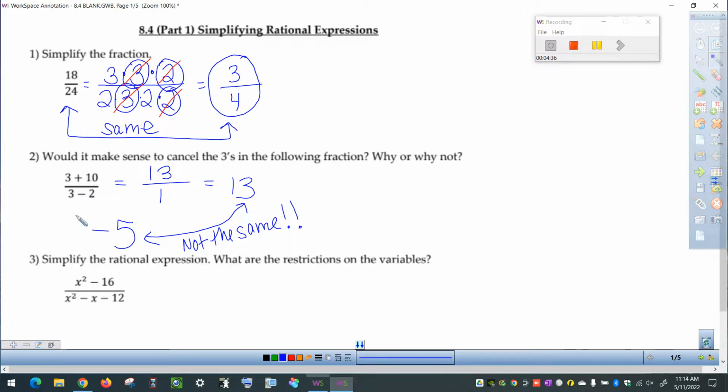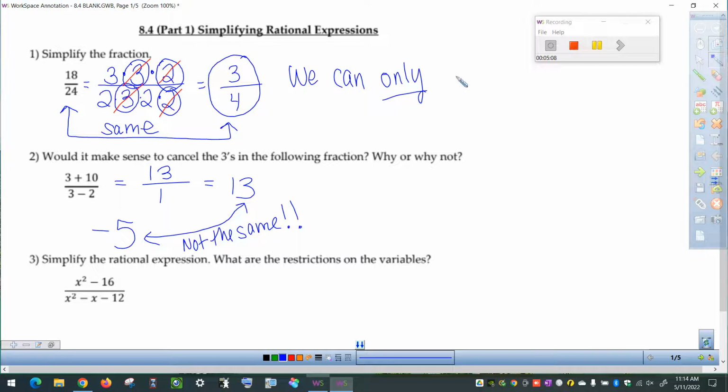So a really key thing that we need to be aware of when we're talking about canceling from the numerator and the denominator is that we are only allowed to cancel like this when we are multiplying in the numerator and multiplying in the denominator. So we're going to make a note of that. We're going to write this off to the side here.